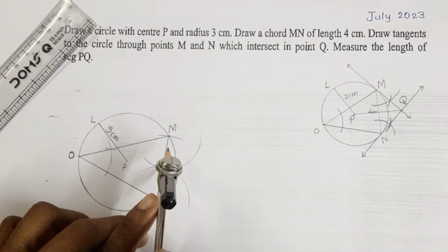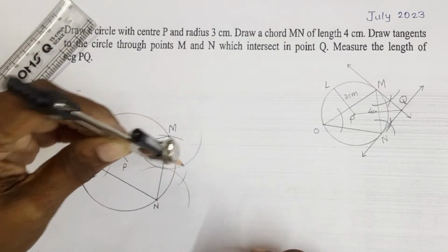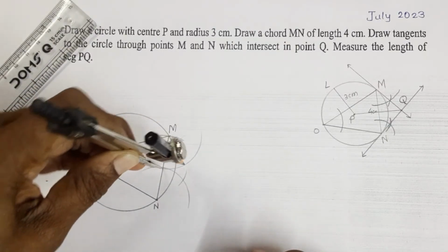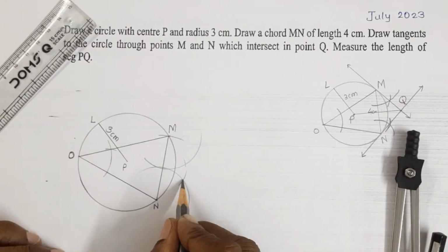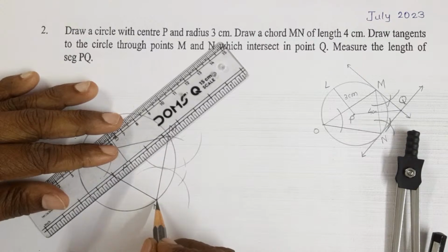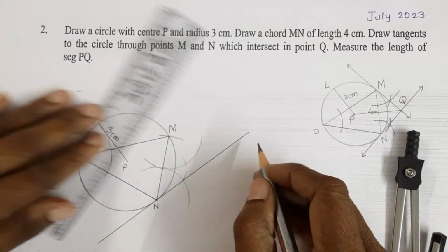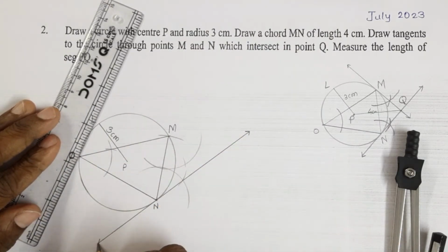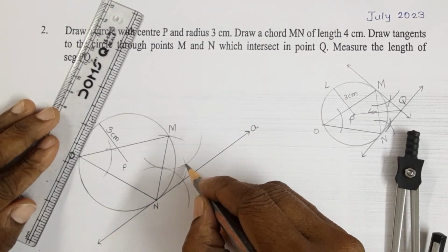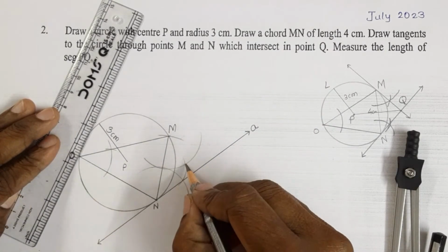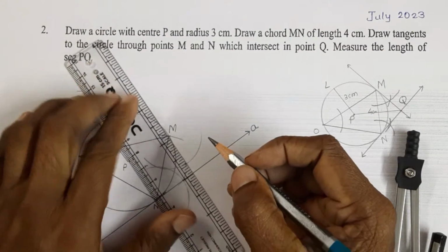So from the chord you intersect the chord. Here also intersect this chord. Then this intersecting point and the N, join and make the line. That line is nothing but the first tangent passing through N, and then this intersecting arc point and M. Draw the line.